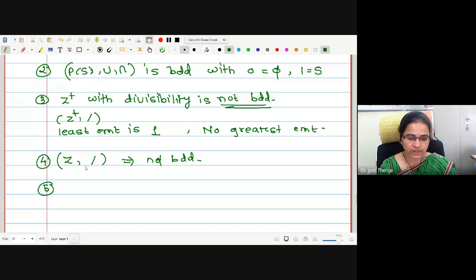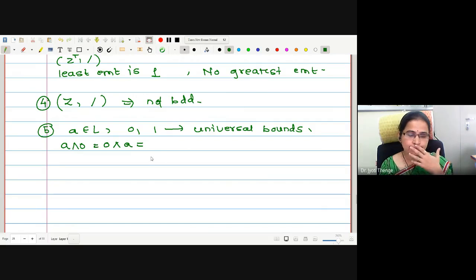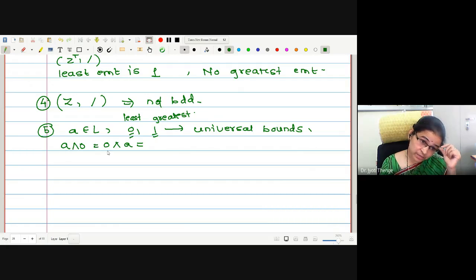Okay. One more property was written here. For any arbitrary a in L, if 0 and 1 are universal bounds, that is, 0 is my least element situated at the bottom and 1 is the greatest element situated at the top of the Hasse diagram, then what is a meet 0, or 0 meet a?